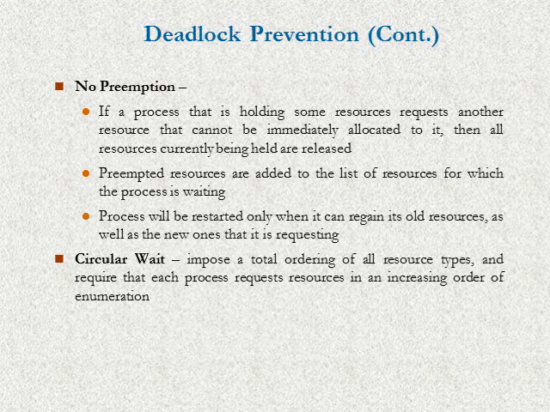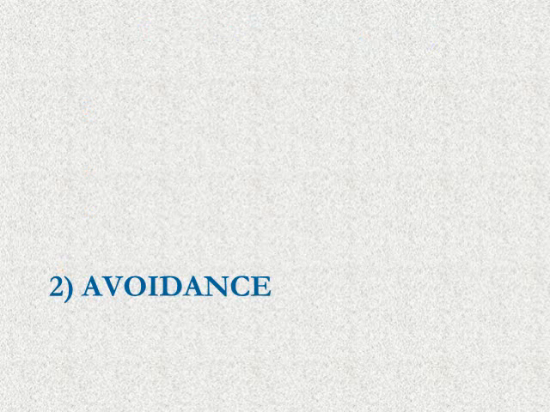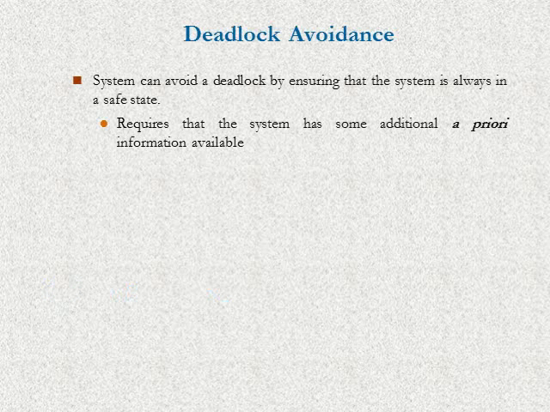The second technique to ensure that a deadlock will never occur in a system is avoidance. In avoidance, we ensure that the system will always remain in the safe state. By safe state, we mean that there is no possibility of a deadlock in the system.